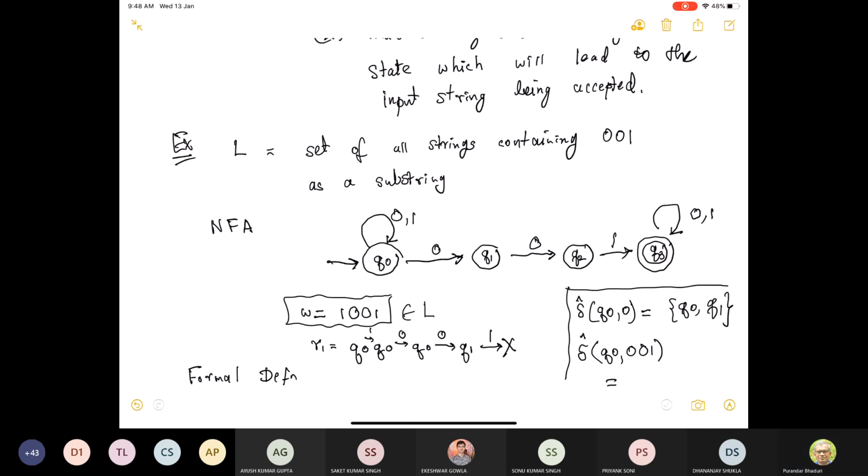Anyone? So again, it's a set, right? So what are the elements of the set? Q0 and Q3. Right.